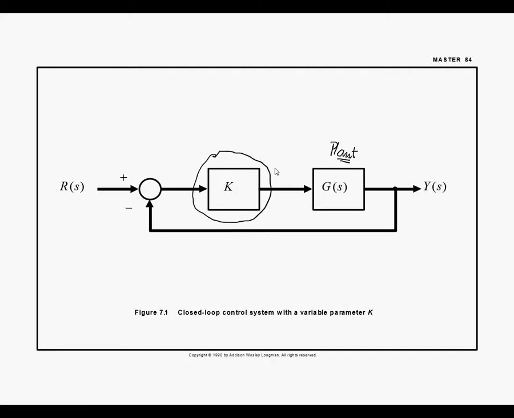Now you know that this plant could be a transfer function that has different roots, and could be a transfer function that has different poles.